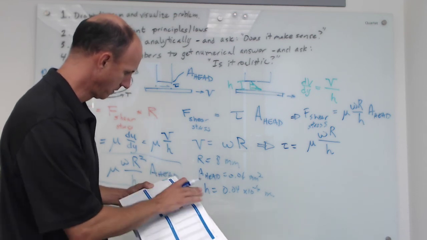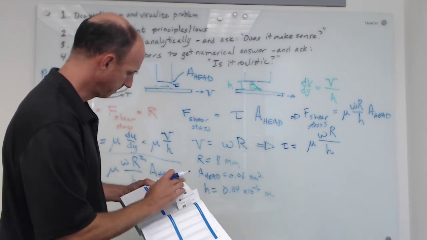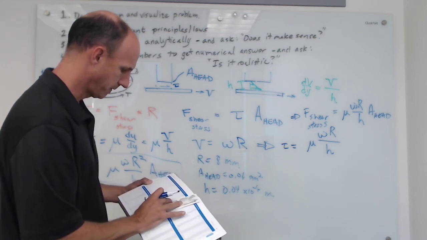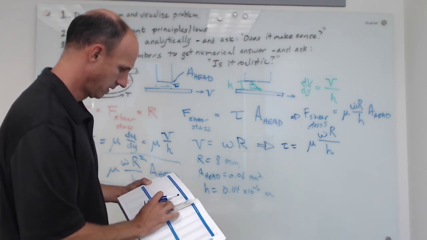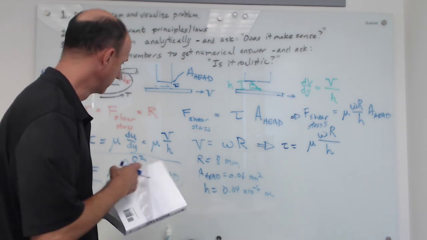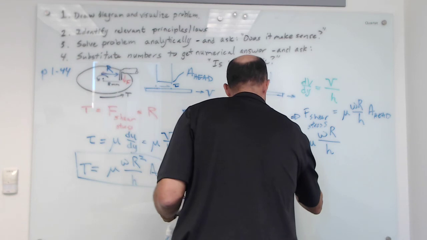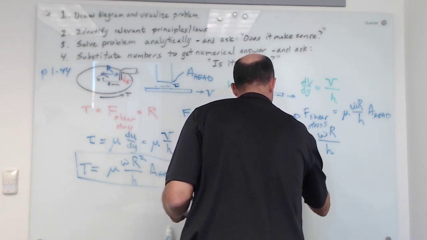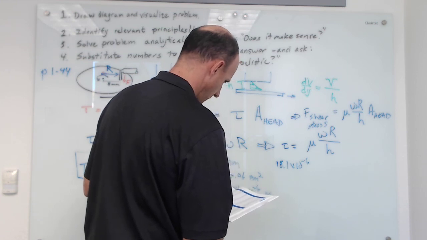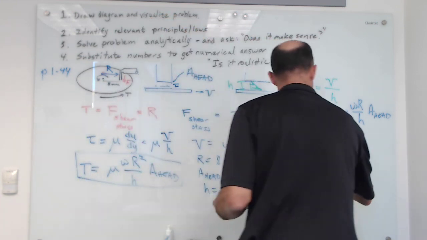Let's use this table. So at 20 degrees Celsius the dynamic viscosity of air is equal to 18.1 times 10 to the minus 6, and units are Newton seconds per meter squared.